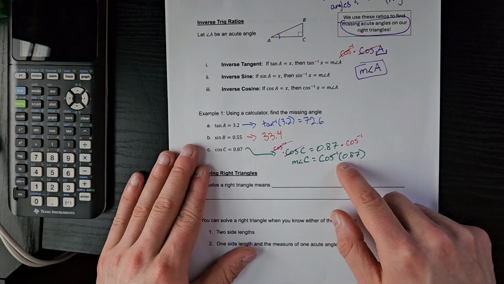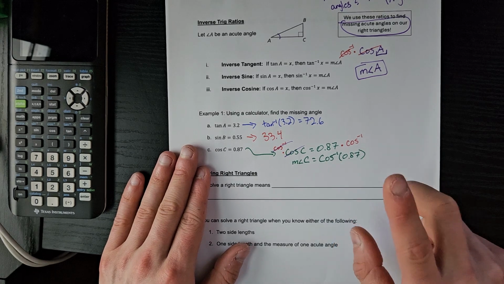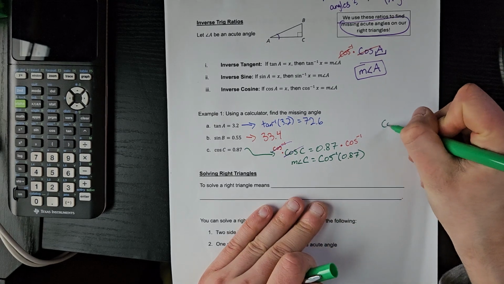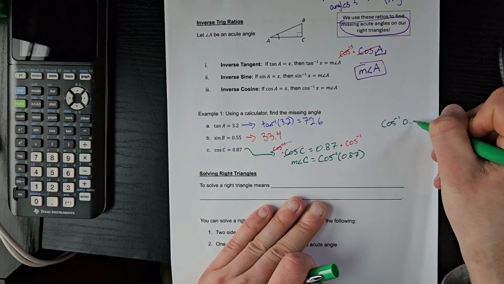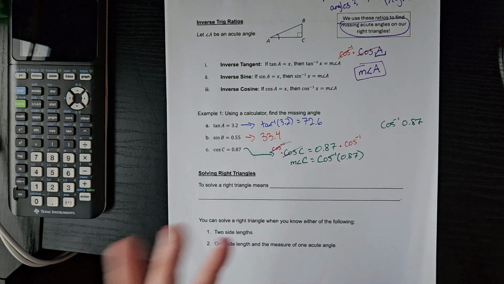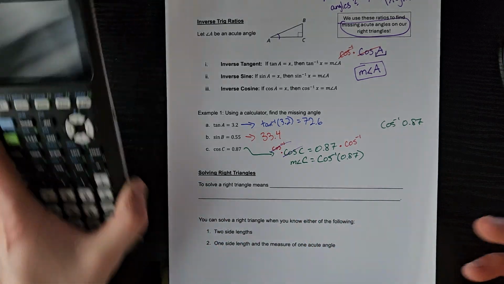Now, you might be wondering, how did these parentheses just pop into play? It would be the same thing if you just wrote cosine inverse 0.87. But the parentheses are nice. It's given to you on your calculator. And also, when we start multiplying a lot of things together, parentheses make it nice.